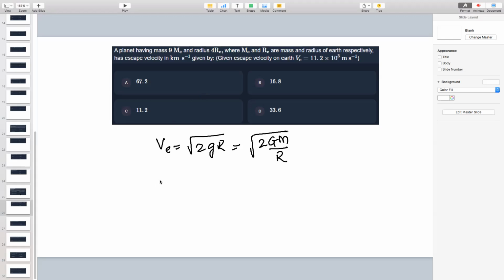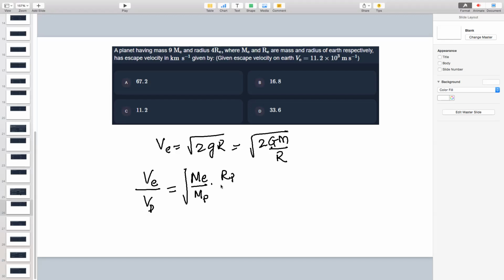Now let us consider V_E is the escape velocity for Earth and V is the escape velocity of another planet. Now as G is constant, mass and radius are not constant. Yes, you can write it as square root of, it is directly proportional to root of mass, where M_E is the mass of the Earth and M_P is the mass of the planet.